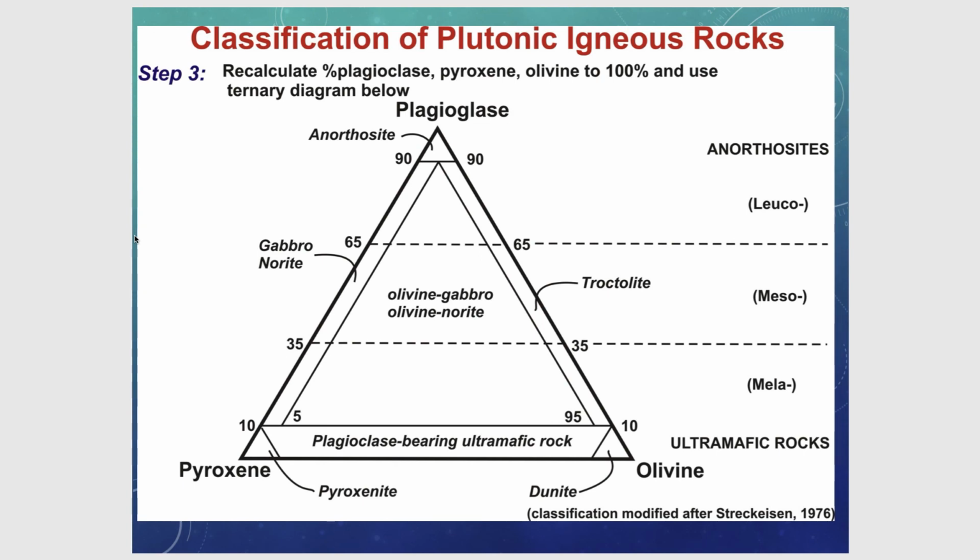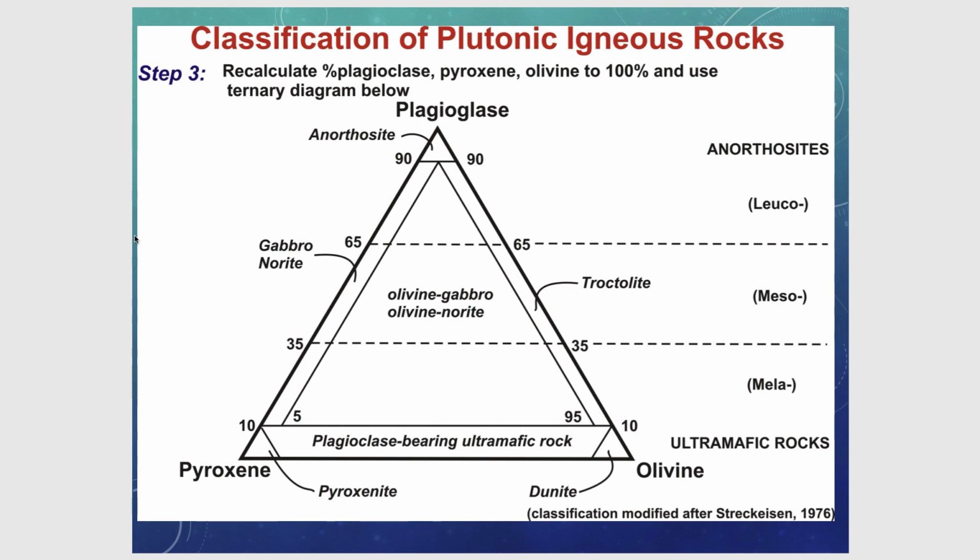If we are dealing with rocks that are ultramafic, we have to use a different classification. We have seen that during the lectures. So quite often you use the mafic or ferromagnesian minerals to extend the classification.